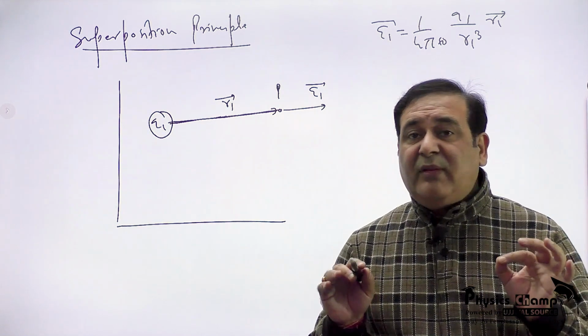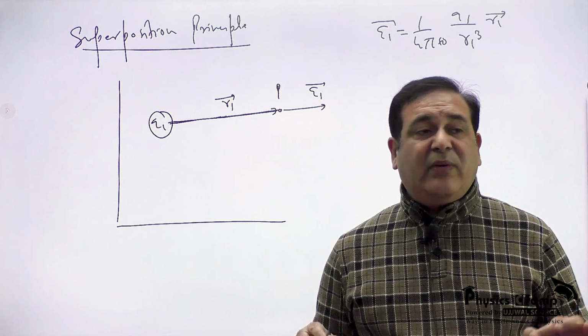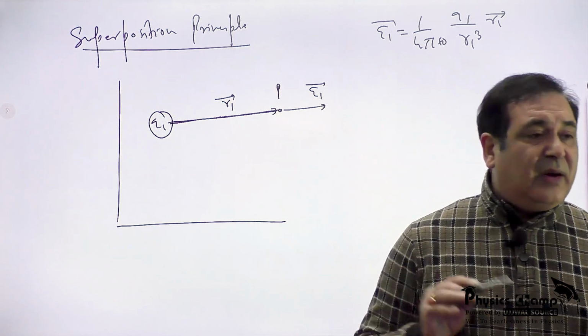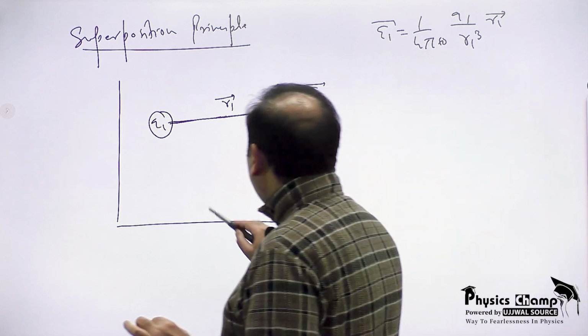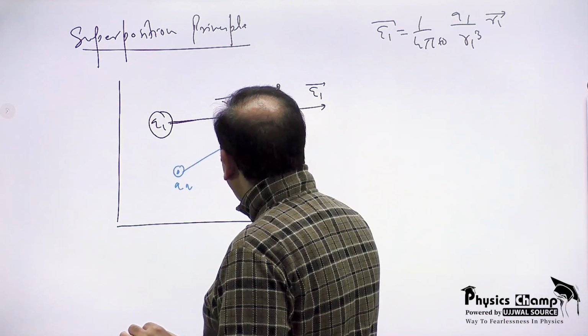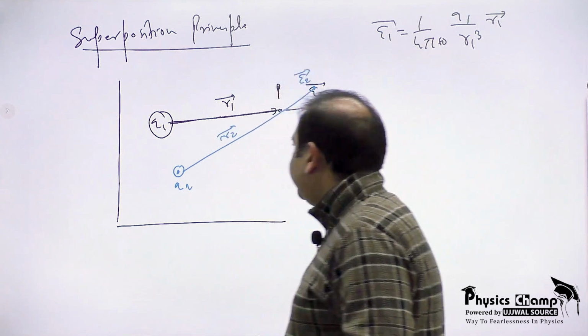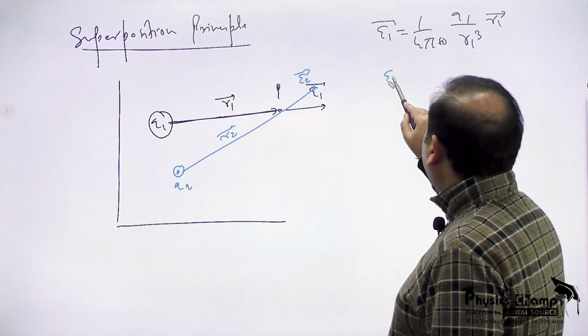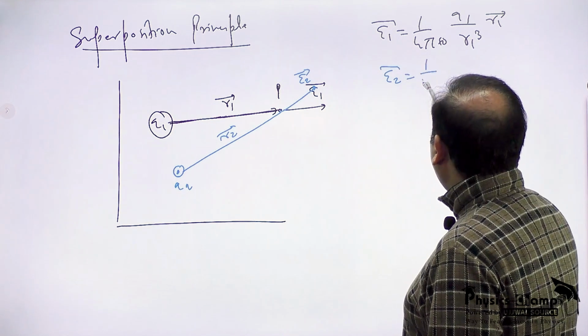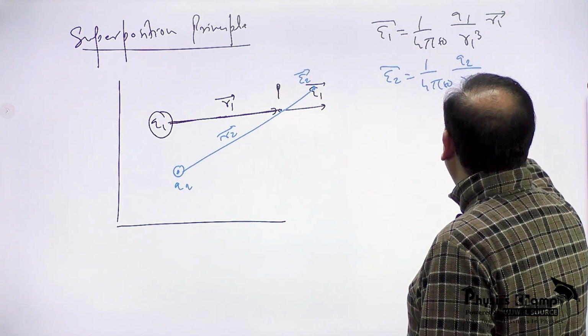Because electric field is a vector quantity, we can only get the net electric field by doing the vector sum of all the electric fields acting at the point. So here maybe I have a charge q2. Now this is r2 vector and it provides electric field, say E2. So I have another electric field at this point, 1 by 4 pi epsilon naught q2 by r2 cube into r2 vector.